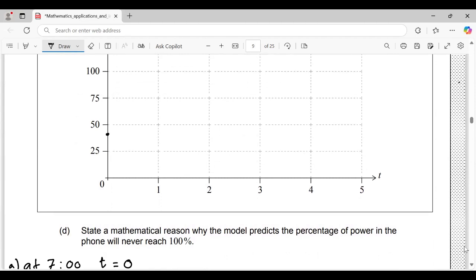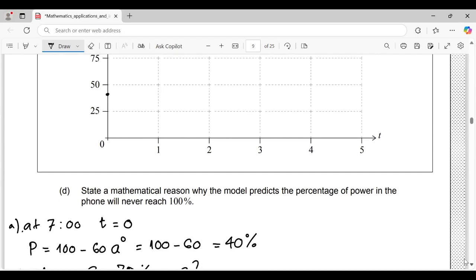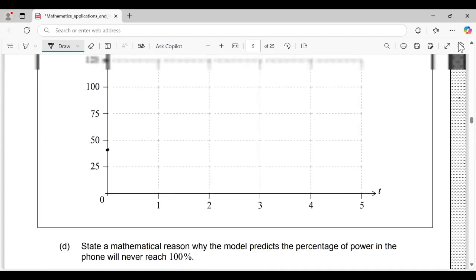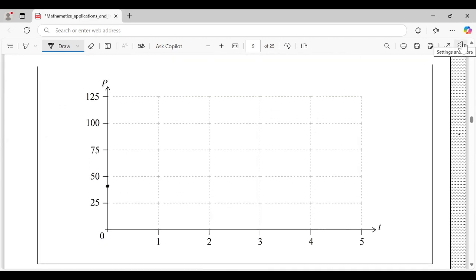And the second coordinate point, when t equals 1, P equals 75. t equals 1 here and 75 here.